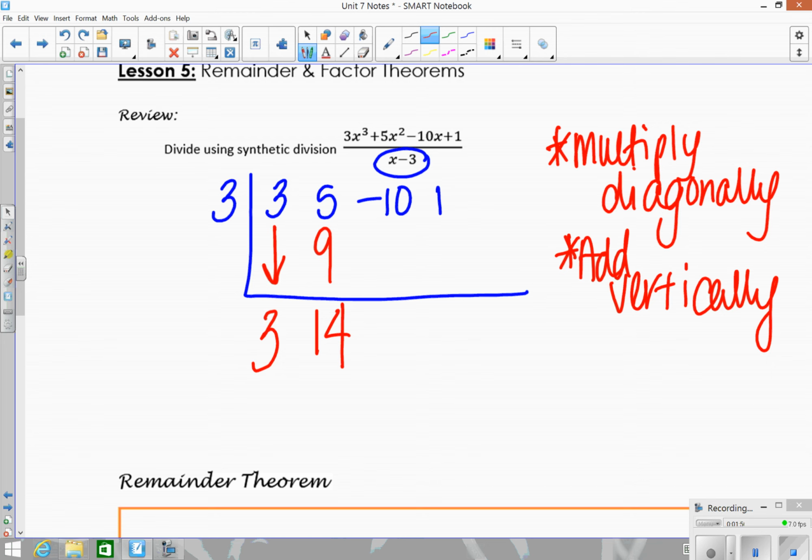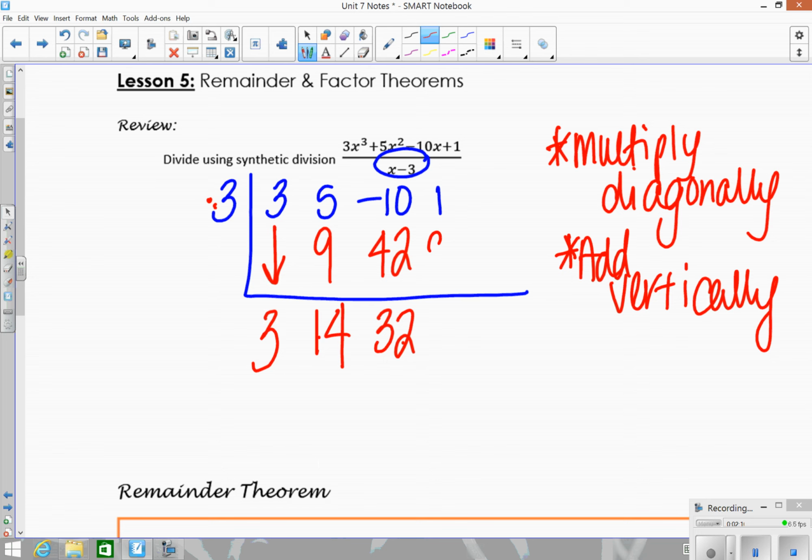So 14 times 3, multiplying diagonally, gives me 42. Then I add negative 10 plus 42, which gives me 32. Again, 32 times 3 gets me 96, and then adding 1 plus 96 gives me 97.